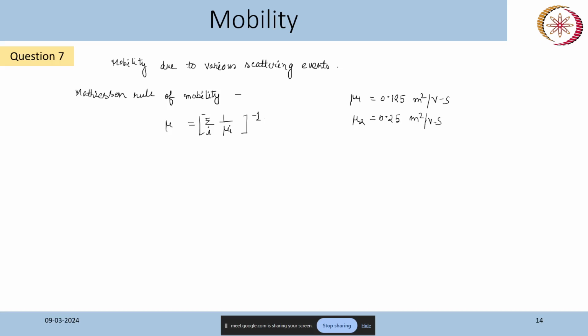So let's calculate the total mobility because of these two scattering mechanisms: 1 by 0.125 plus 1 by 0.25, inverse. I'm not worrying about the units because for mu1 and mu2 the units are the same, and in the options also the units are given in terms of the same unit, meter square per volt second. So what will be the answer here?